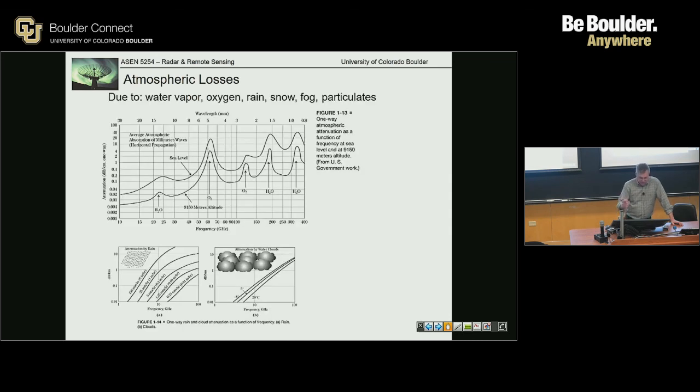With different losses in the atmosphere due to rain, losses are a function of frequency. They're expressed in dB per kilometer. It depends on where your radar sits in the frequency, where you have atmospheric losses due to the air of our atmosphere.